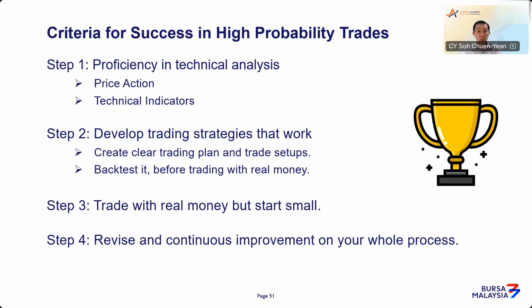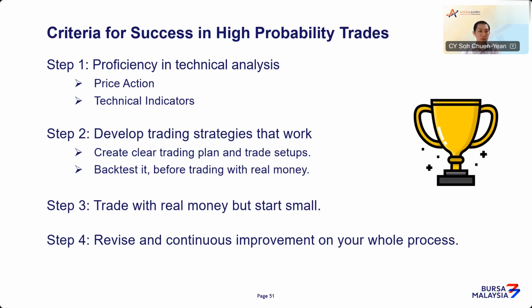Of course, there are criteria for you to succeed in this high probability trade. Number one, you need to develop proficiency in technical analysis. You need to master technical analysis, or you need to master technical indicators first. If you want to combine both, yes, you need to combine both, but you need to give yourself time and be patient in your learning.